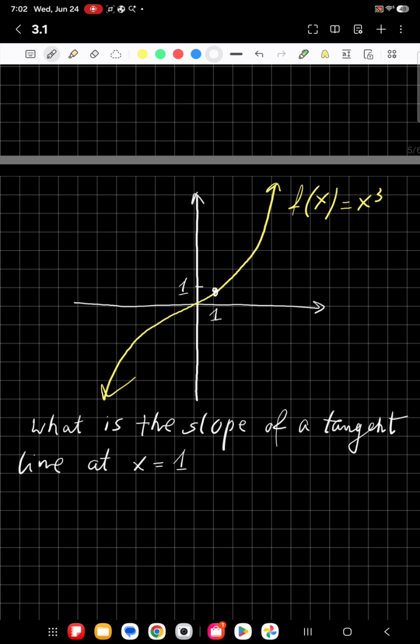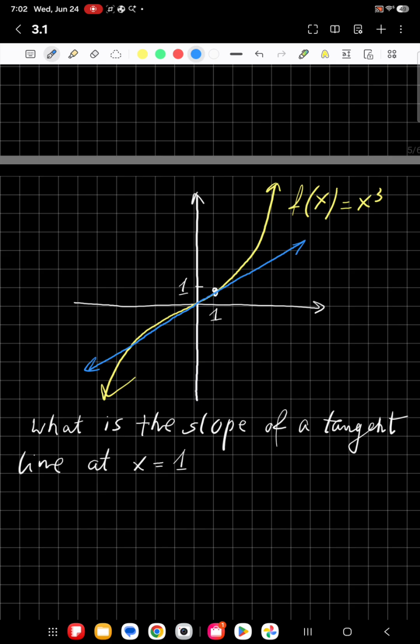Okay, so let me draw the tangent line. All right, so it's going to be something like this.